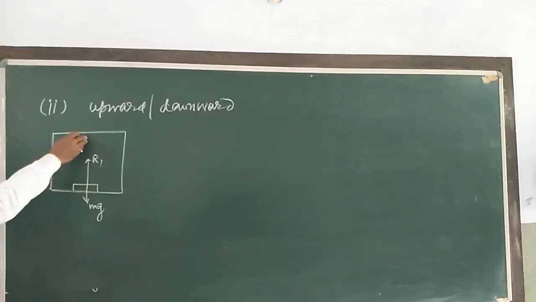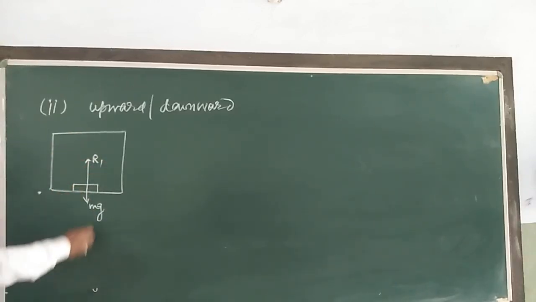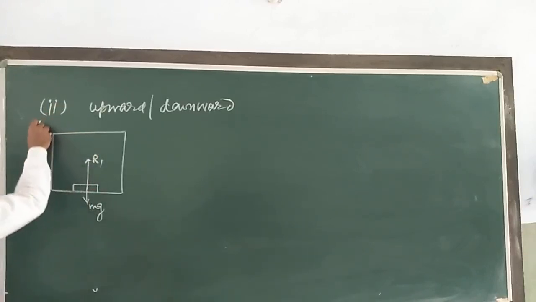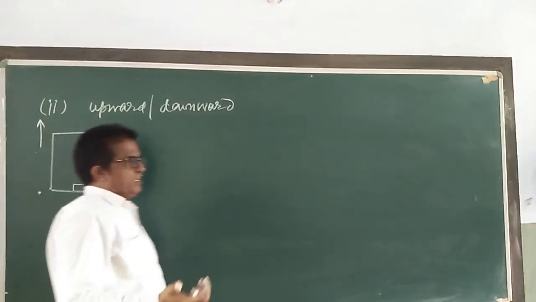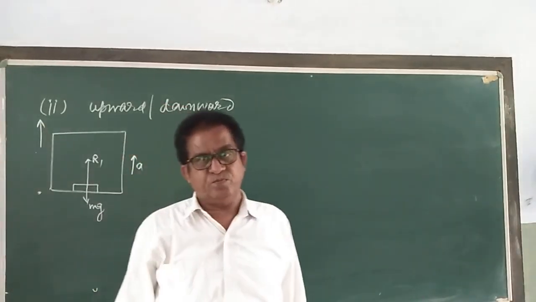Now the elevator is accelerating upward. Suppose the uniform upward acceleration of the person in the lift is a. Suppose the lift is going upward.